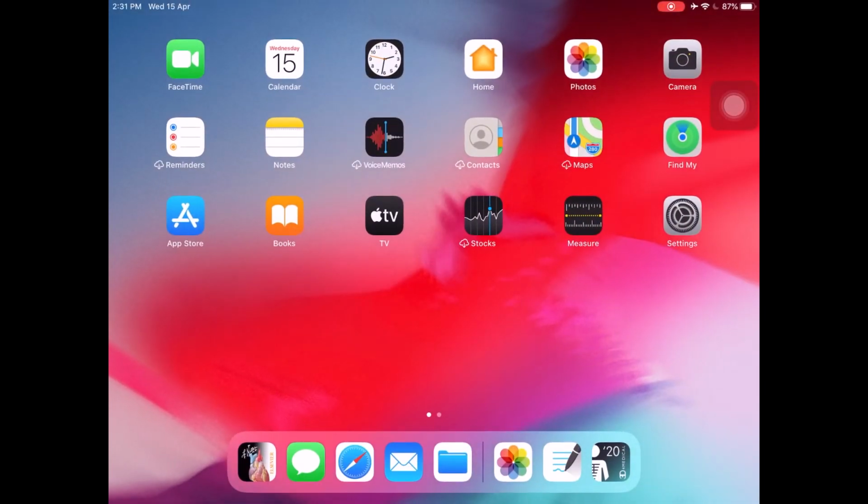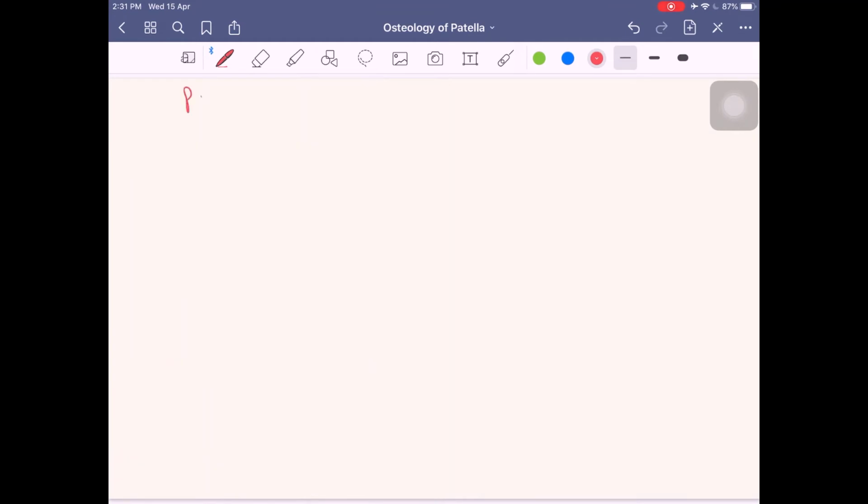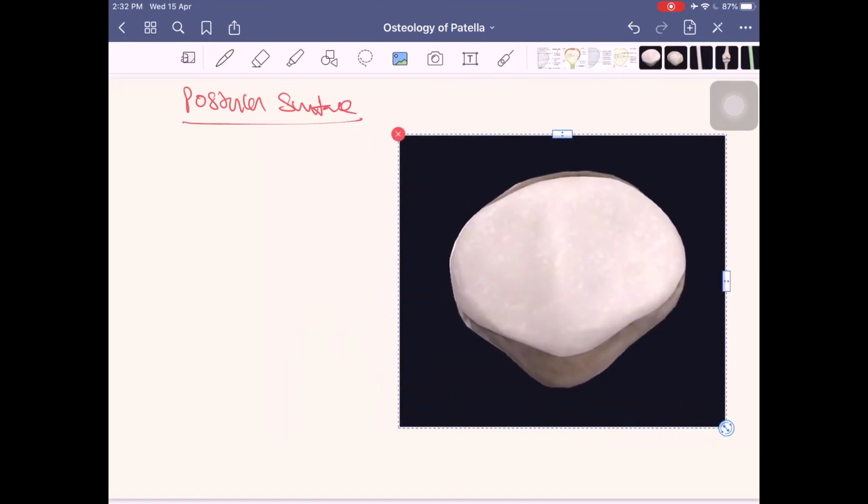Now let us go to the posterior surface. The anterior surface is simple. The posterior surface is slightly complex because it is articular. In this, if you notice, this is your lower one-quarter area and this is your upper three-quarter area.